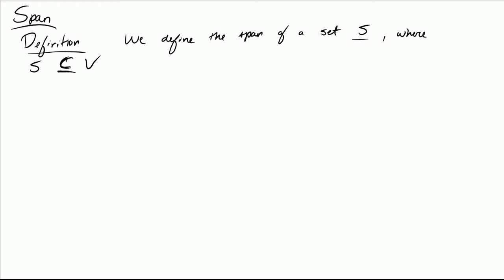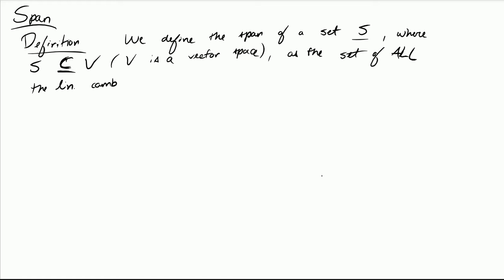So we define the span of a set S, where S is a subset of V, and V is a vector space, as the set of all the linear combinations of elements of S.